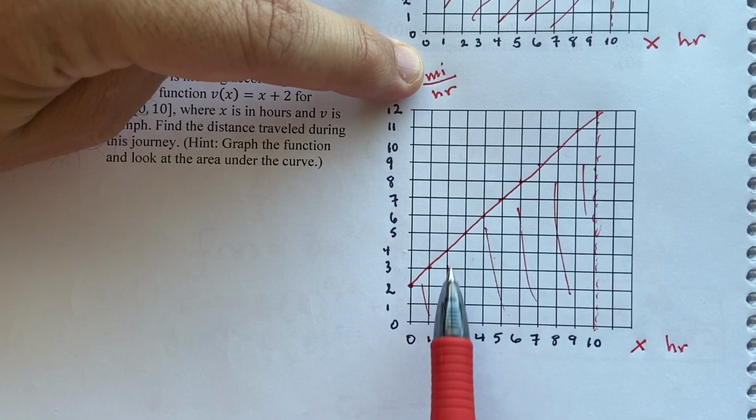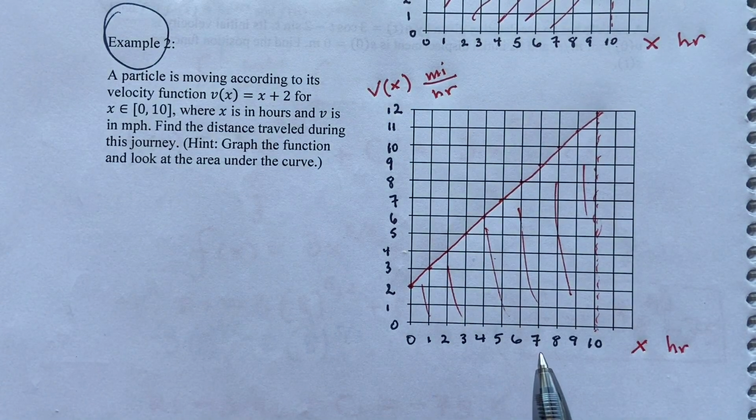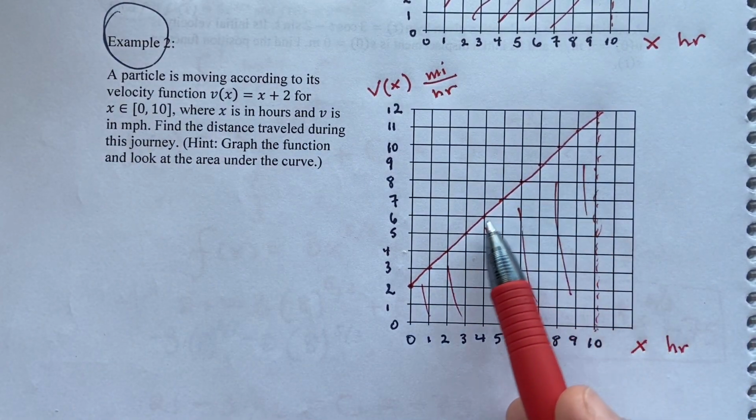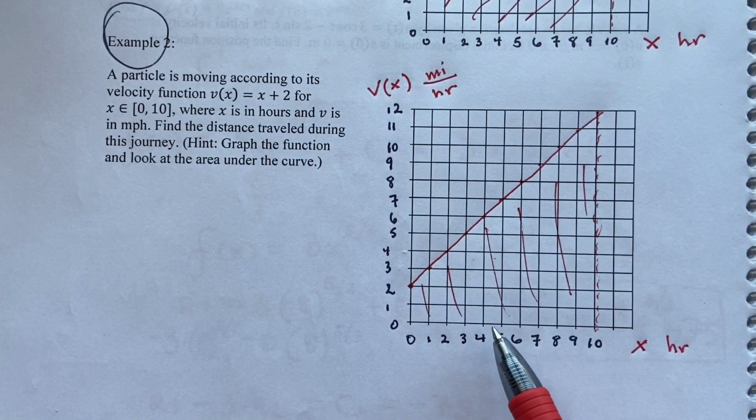So again, this area under the curve is the distance. Okay, so if we can find this area exactly, then we know the answer to this question exactly.